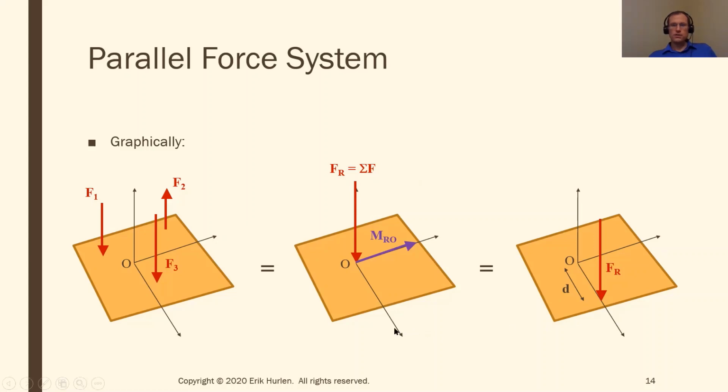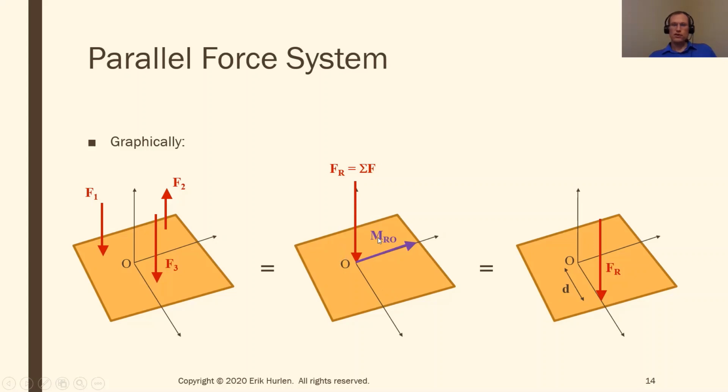This direction that this force gets moved is perpendicular to both the net force and the net moment. If you think about the right-hand rule, the way I've drawn this, MRO goes up to the right. So that's going to cause a rotation downwards if I'm looking over on this side, as opposed to the side back here. So this plate's going to want to rotate around this axis with the back side coming up and the front side going down.